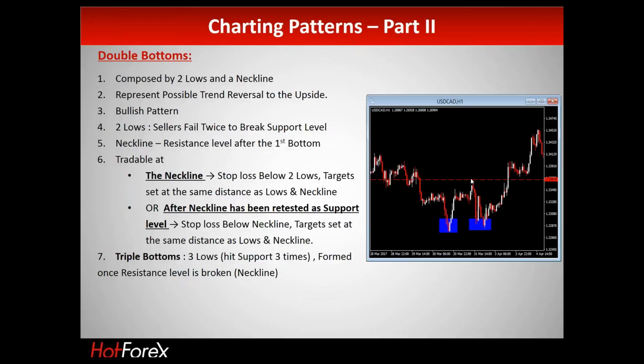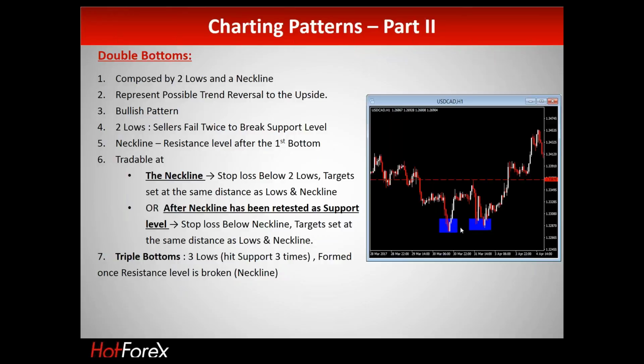So this is a bullish pattern because it's a reversal from downwards to upwards. As I said before, with the two lows you can see that sellers fail to push the asset further down. They failed to break that support level over here at around 132.70, I think.